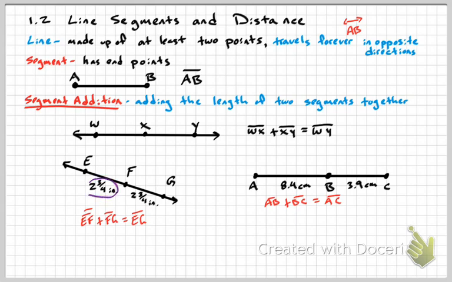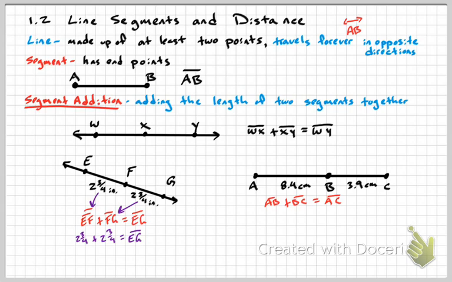So what this means is segment EF is 2 3/4 inches. Segment FG is also 2 3/4 inches. So I would put 2 3/4 plus 2 3/4, and now it's going to equal the length of EG. So you could just add those together and get your length.